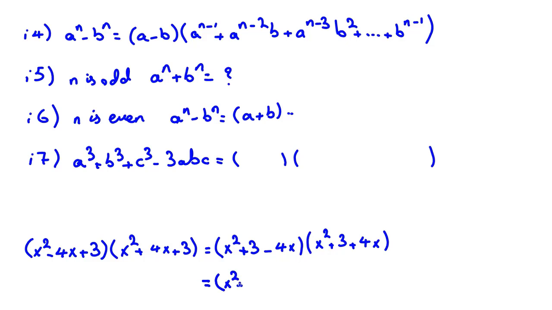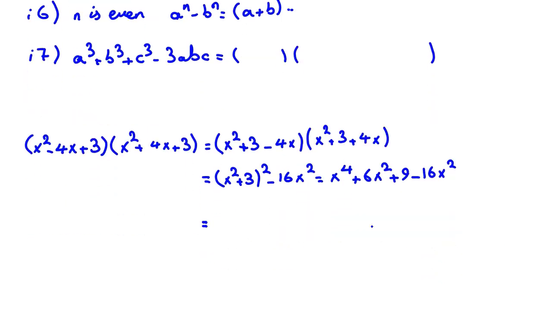So it will be x squared plus 3, whole squared, minus 16x squared. It will be x to the 4 plus 6x squared plus 9 minus 16x squared. So we want to find the minimum of this.